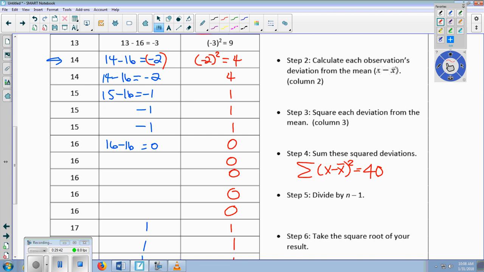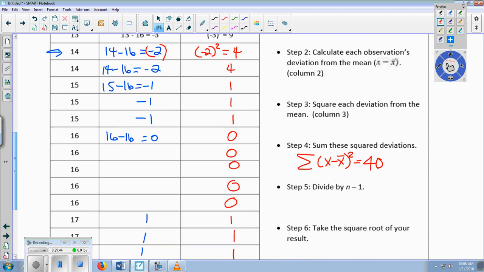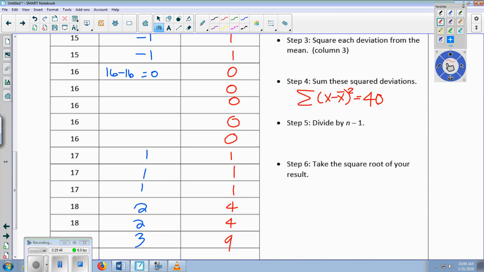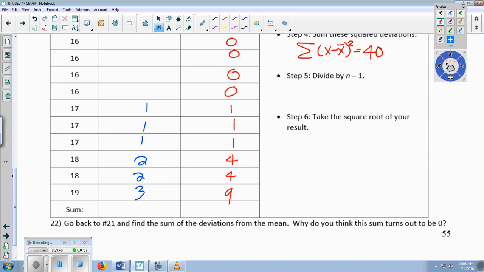Okay, next it says divide this by n minus 1, right? We're taking an average or about typical, so usually we'd divide by n. We don't get into why it's really n minus 1 in this class, but so 40 over 17 minus 1, and that comes out to be 2.5.